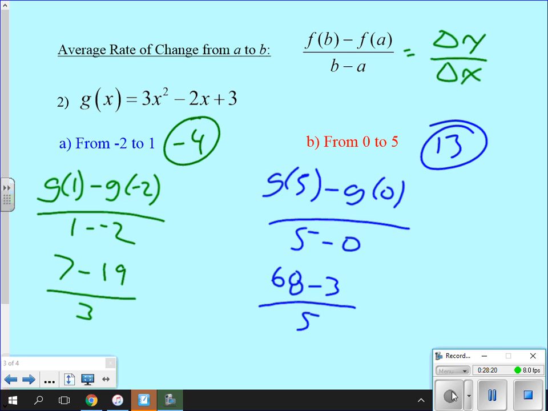Now, if I flopped them and did G of 0 first, here's what's important: these two have to line up and these two have to line up. It doesn't matter whether I put my 0 first and my 5 second, or my 5 first and my 0 second, as long as those two numbers line up with each other. Because if I'd done it the other way, I'd have 3 minus 68 over -5, which would still work out to be 13. Okay?